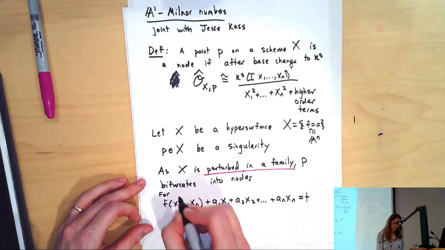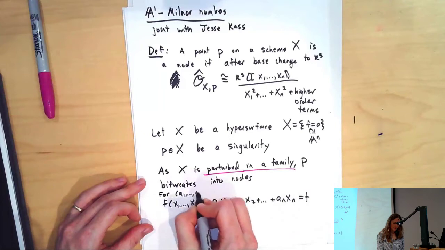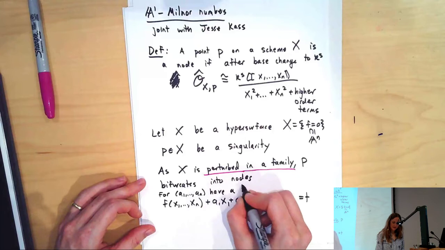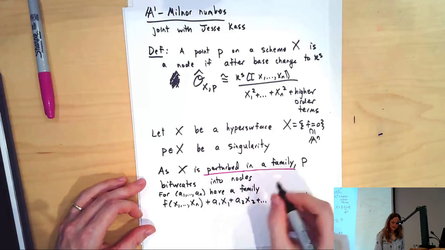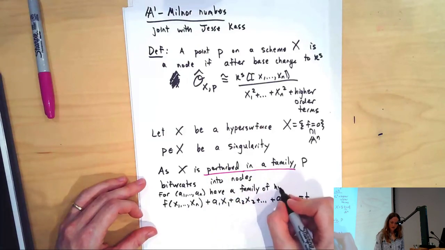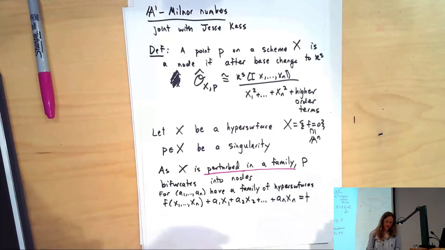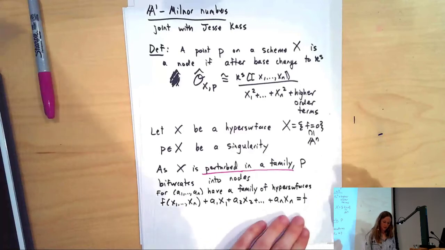So for any a1 through an, we have a family of hypersurfaces parameterized by t.